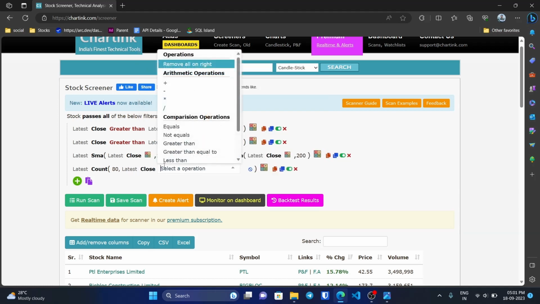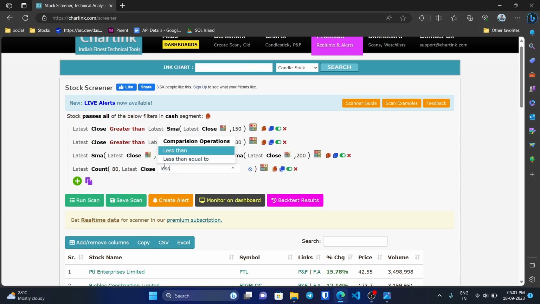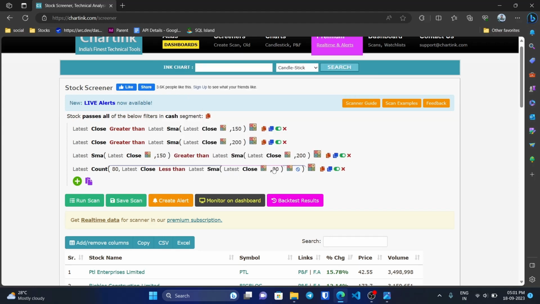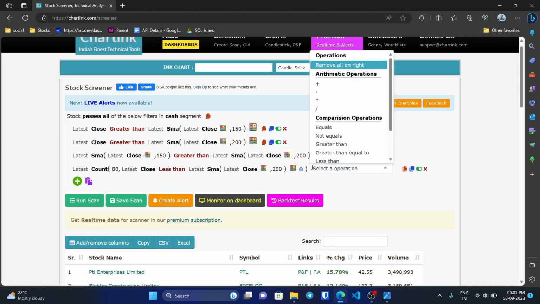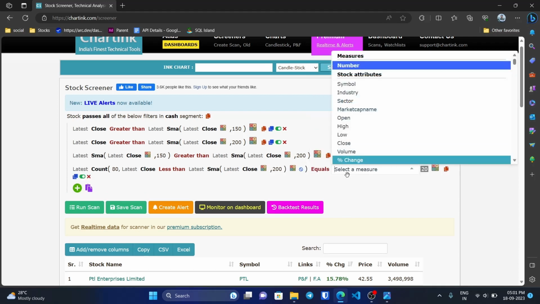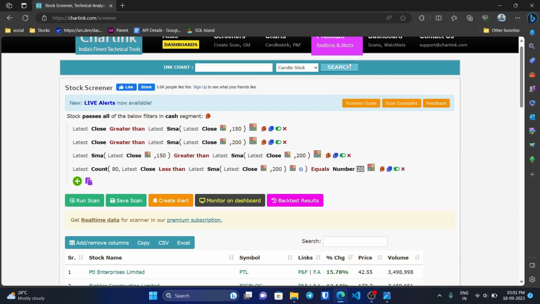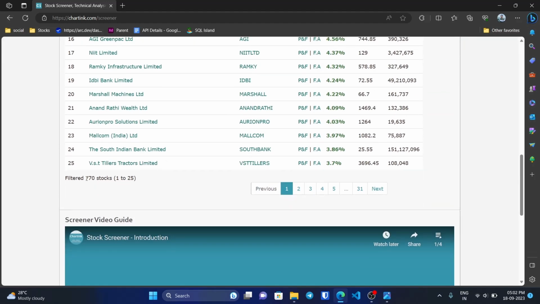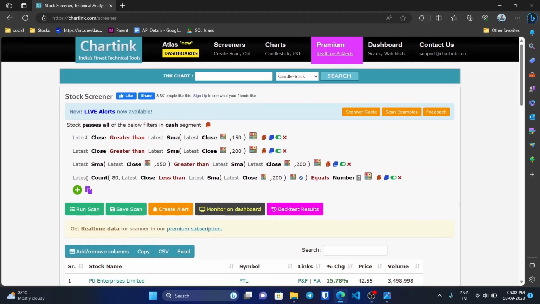So close less than SMA of 200. Then this should be equal to 0. Okay. Now we will run the scan again. So now we have reduced to 770 stocks.